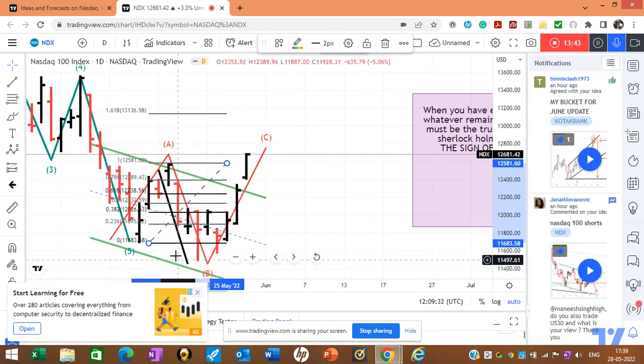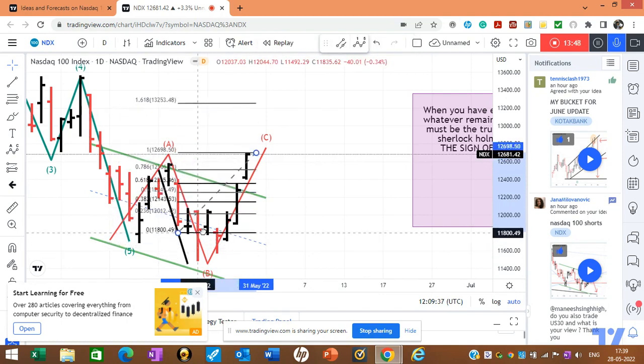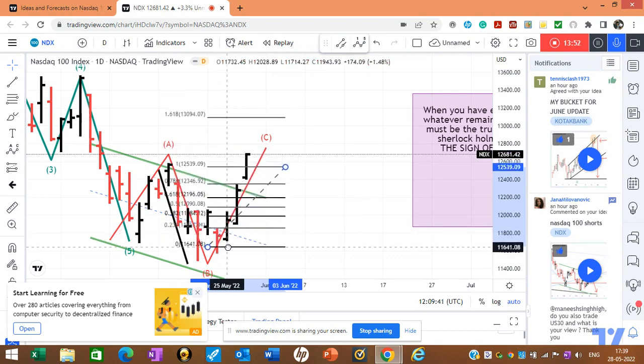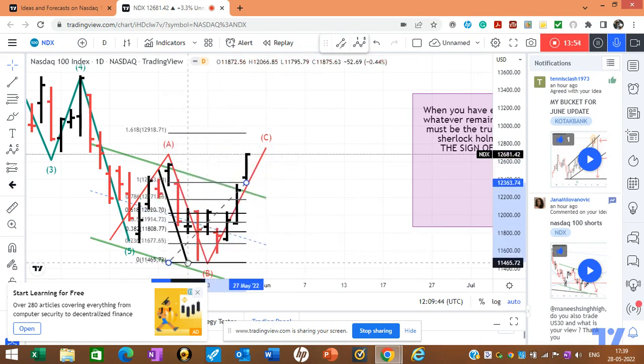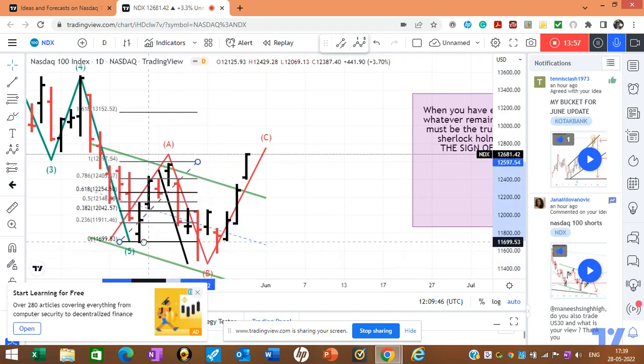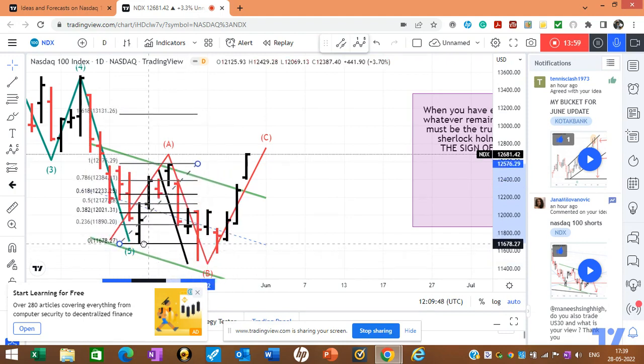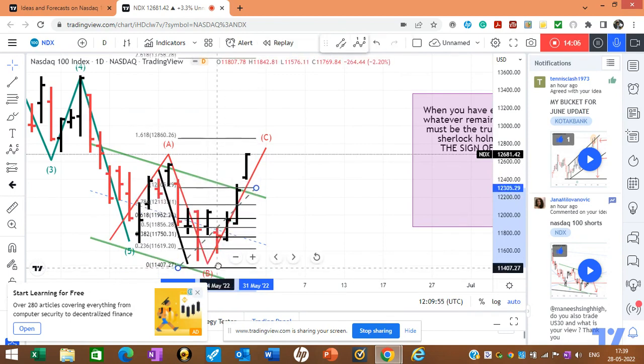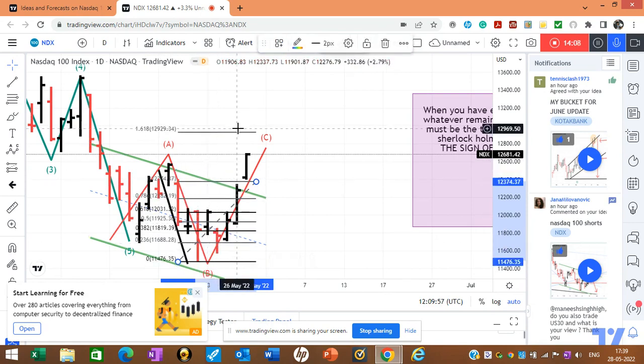Now if we see, wave C is roundabout 165%. So if this is wave A, then wave C, this is 1.618.